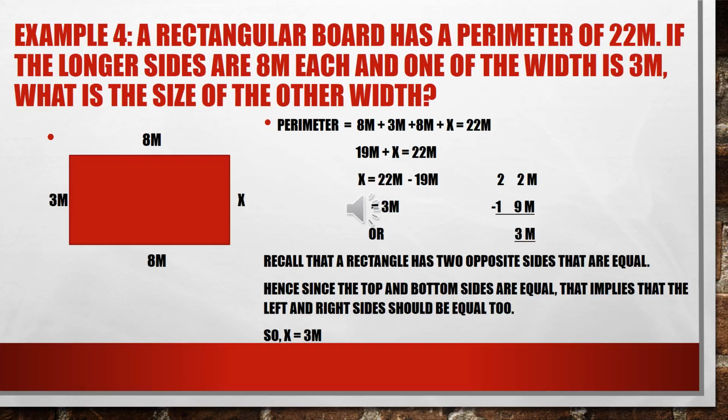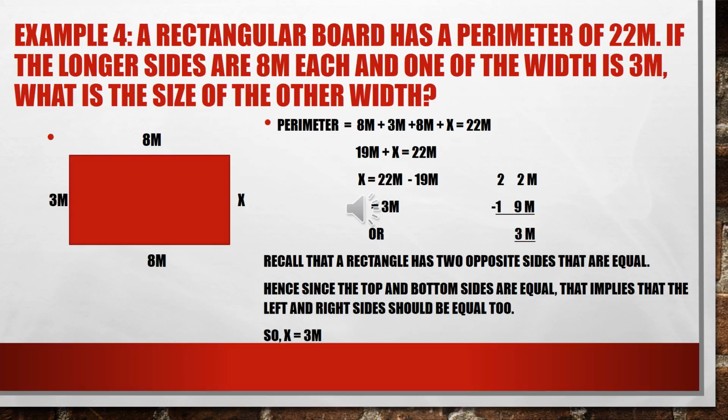When you draw a rectangle, you fix 8 meters on the two long sides. Have you done that? Alright. And it says one of the width is 3 meters. So that means one of the short sides equals 3 meters. In other words, we are looking for the second short side.